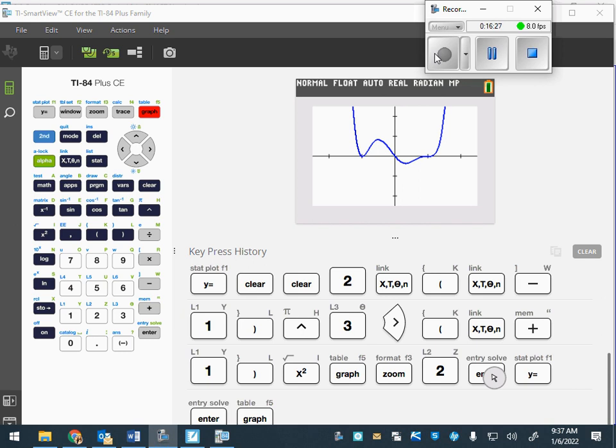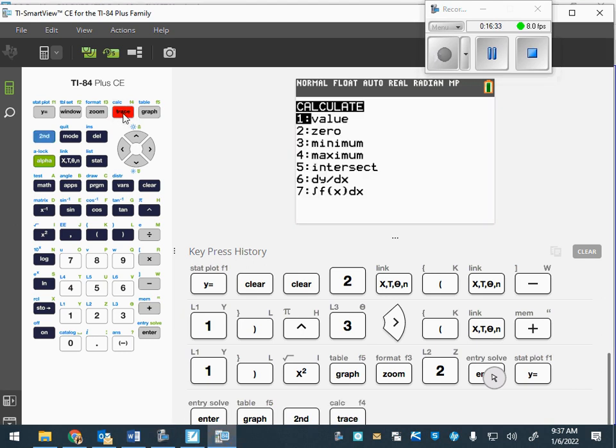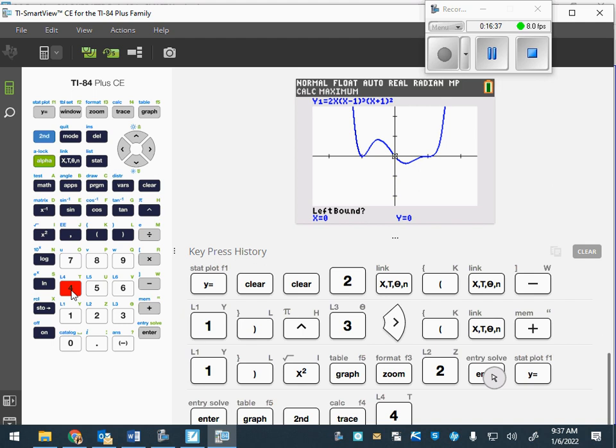Yeah, maximum. So I'm going to show you second trace. We'll look for the maximum first, number 4. And I'm just going to move my cursor as another way to show you instead of the x-intercepts. I moved it too far.